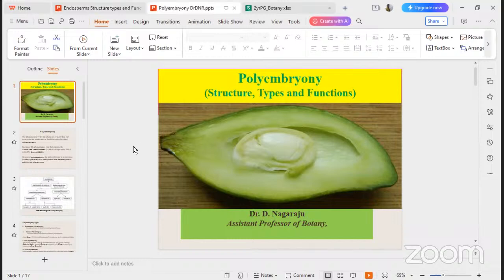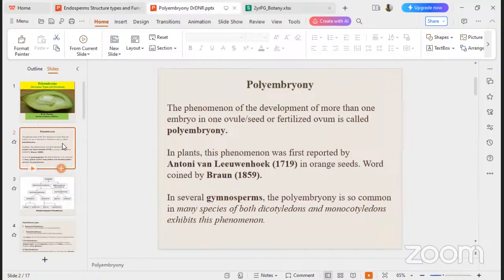Polyembryony means formation of more embryos. Usually in one seed, only one embryo is present.